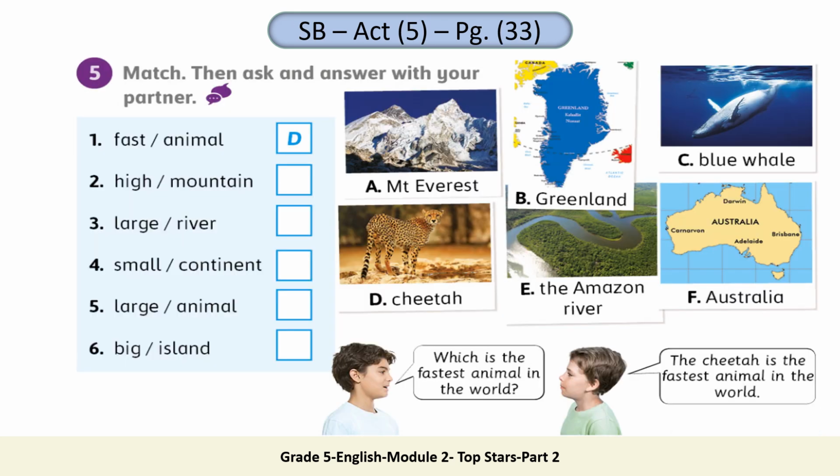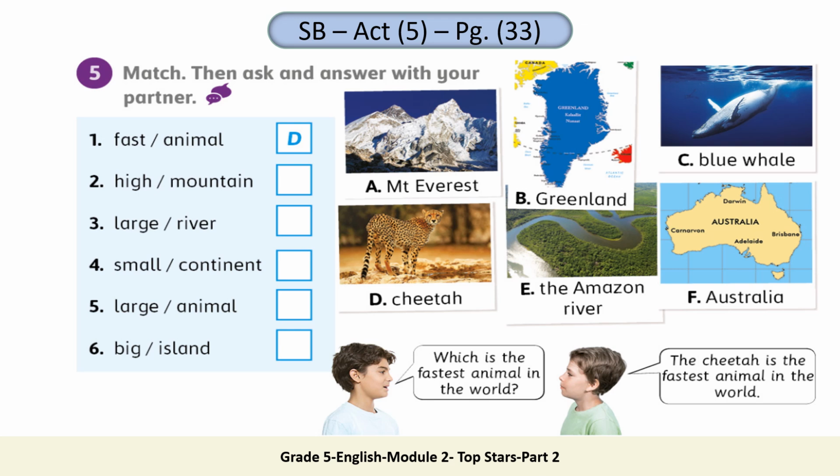Open your student book page 33, Activity 5. Look at the boys. They are playing a guessing game with prompts and photos. I want you to match the words in the blue box with the photos. The first one is already done for you. Let's read it together. Which is the fastest animal in the world?